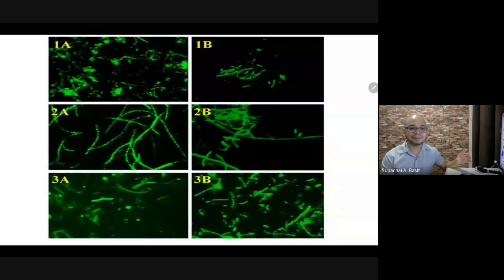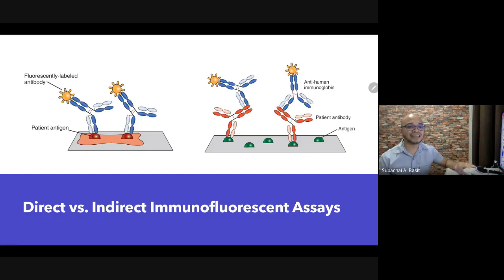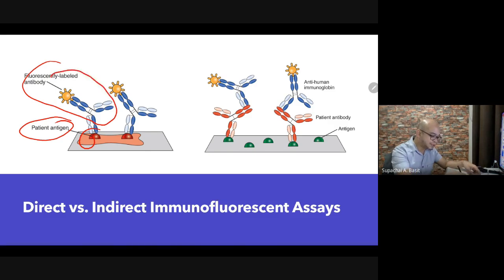Again, FTA-ABS stands for fluorescent treponemal antibody absorption. It is an example of a treponemal test for syphilis, in which the etiologic agent is Treponema pallidum. So again, the difference between direct and indirect immunofluorescent assay: in direct, we are detecting patient antigen, and we are using a fluorescent labeled antibody, which will attach to the patient antigen.